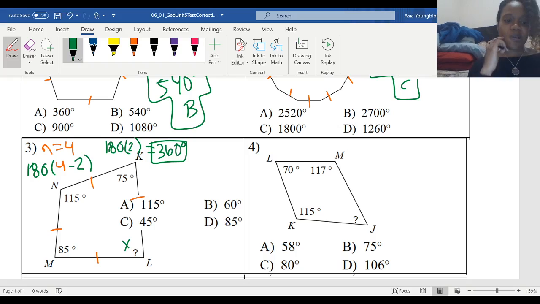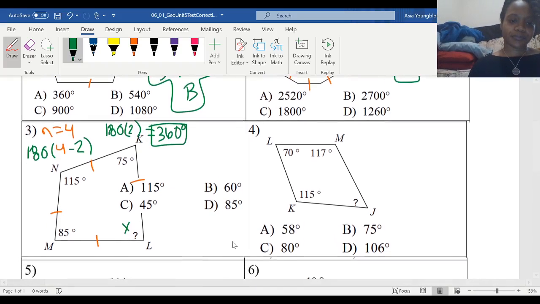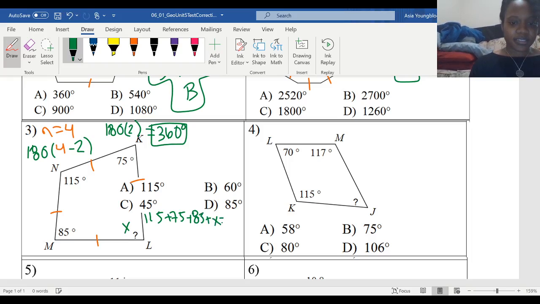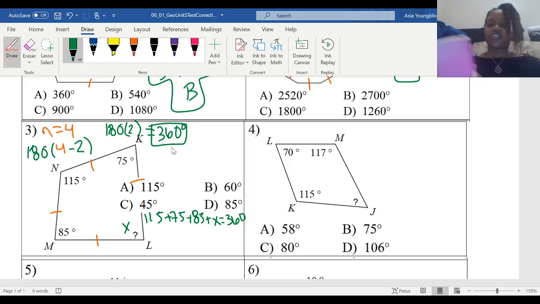Our equation would be 115 plus 75 plus 85 plus x equals 360. Again, that's because we know all 4 angles have to add to 360. To start solving this equation, we need to simplify the left side, 115 plus 75 plus 85.